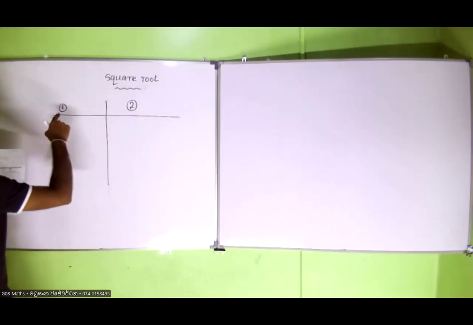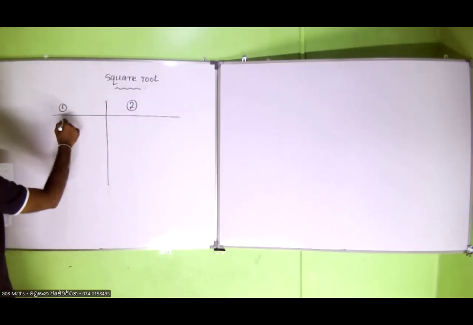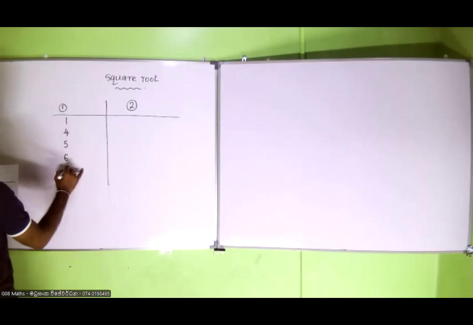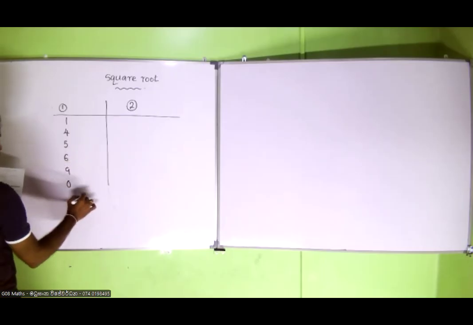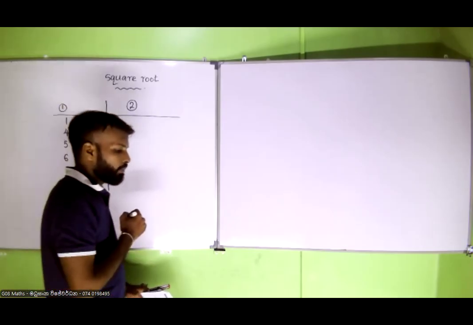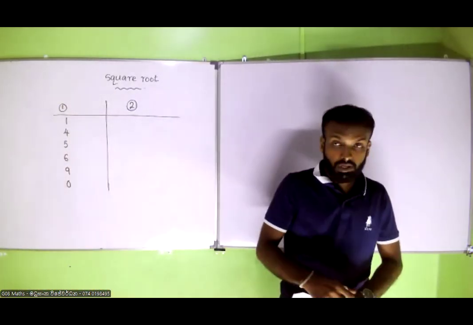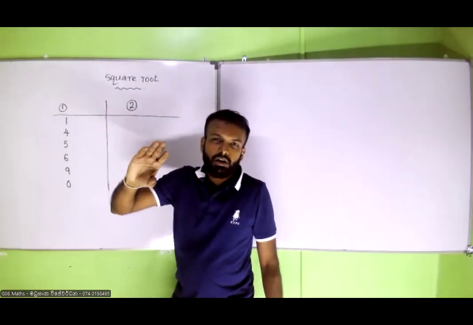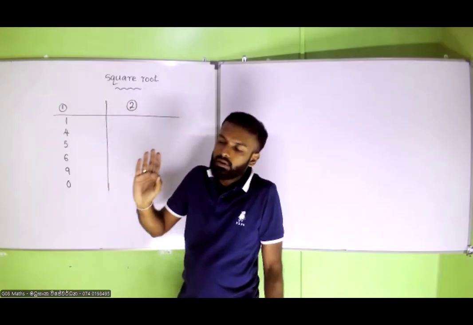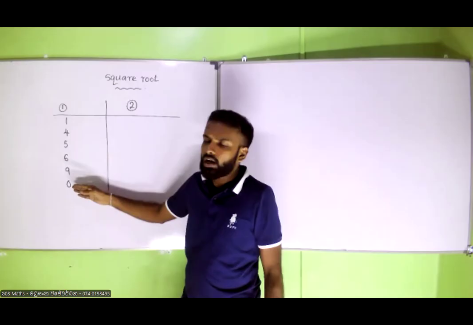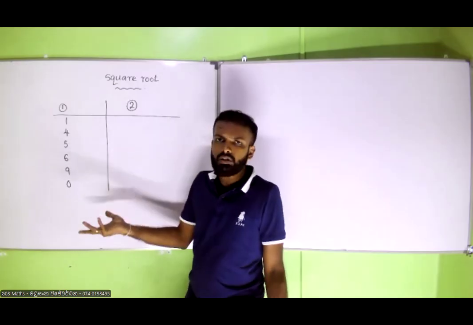Now the digit in the units place of the perfect square might be 1, 4, 5, 6, 9, 0. We have learned that earlier. For a perfect square, the last digit can only be one of these: 1, 4, 5, 6, 9, 0.